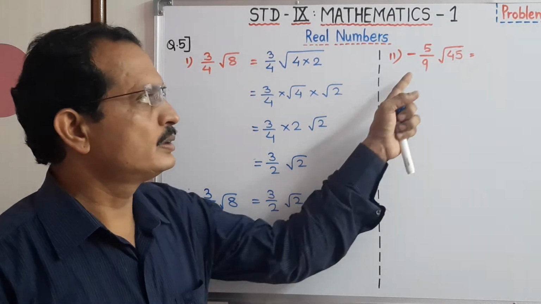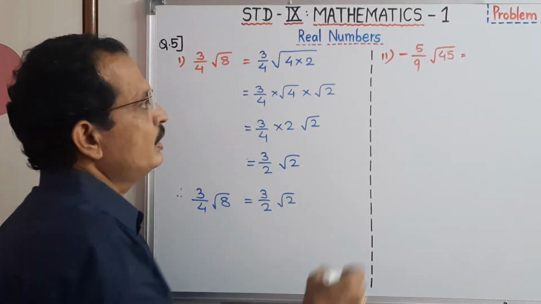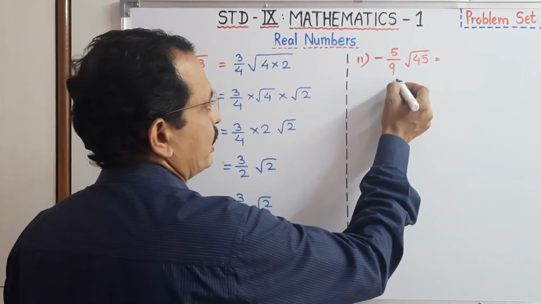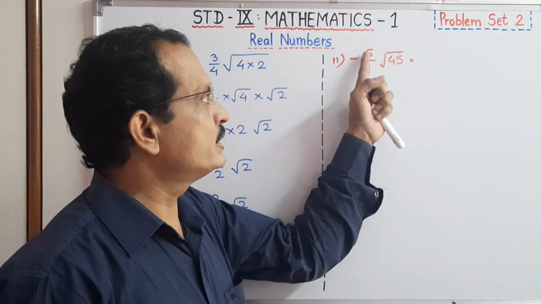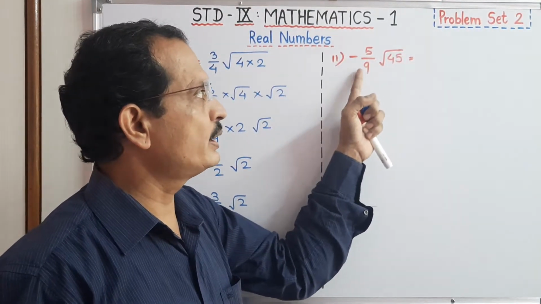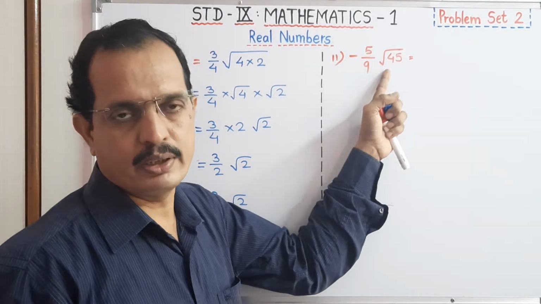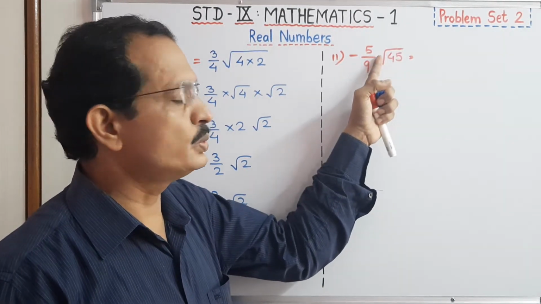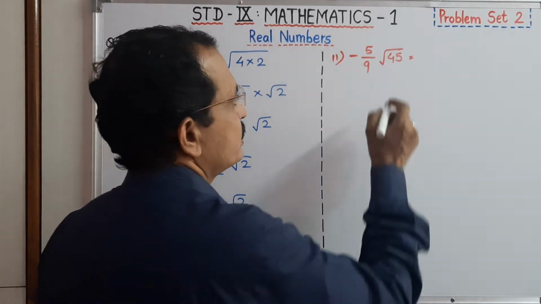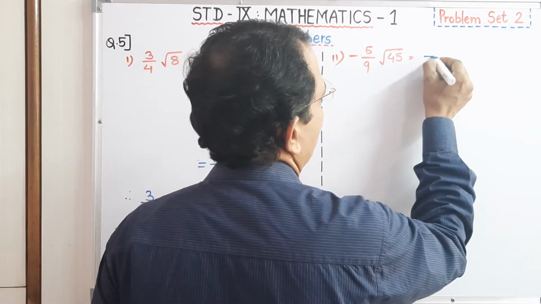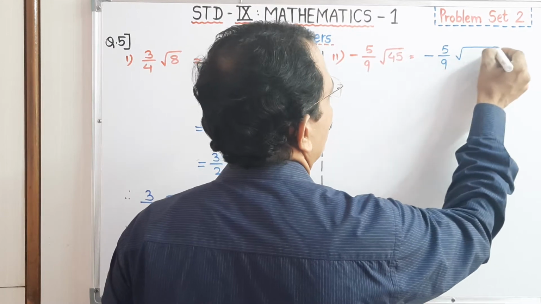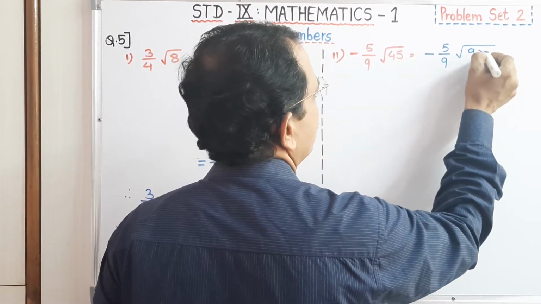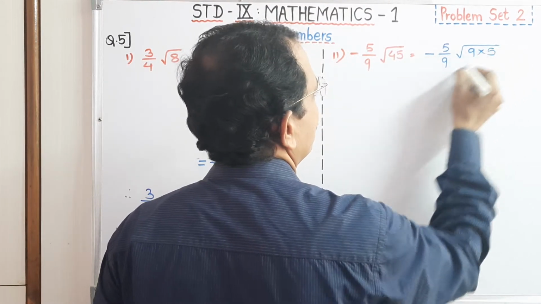Now see the second one. Here it is minus 5 upon 9 root 45. It is the same. The first factor is 5 upon 9 and the second factor is root 45. Now the order is 2. Take out the factors of this root 45. Minus 5 upon 9 into root 45, we can write here 9 into 5.